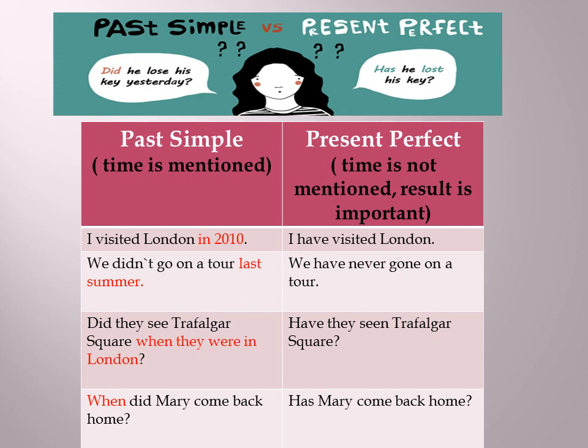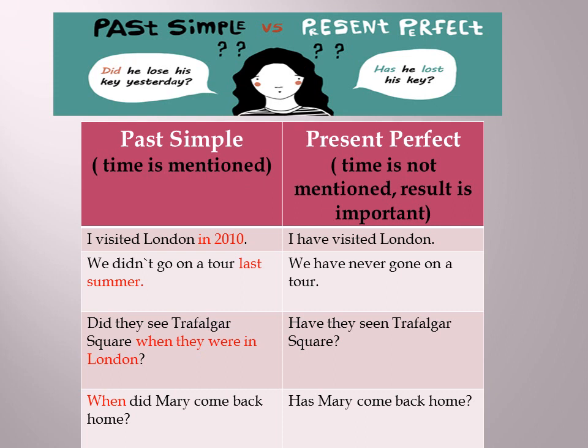Did they see Trafalgar Square when they were in London? In this question, time is mentioned, when they were in London. So this is the past simple. Have they seen Trafalgar Square? In this question, time is not mentioned. Here we are asking about someone's life experience.